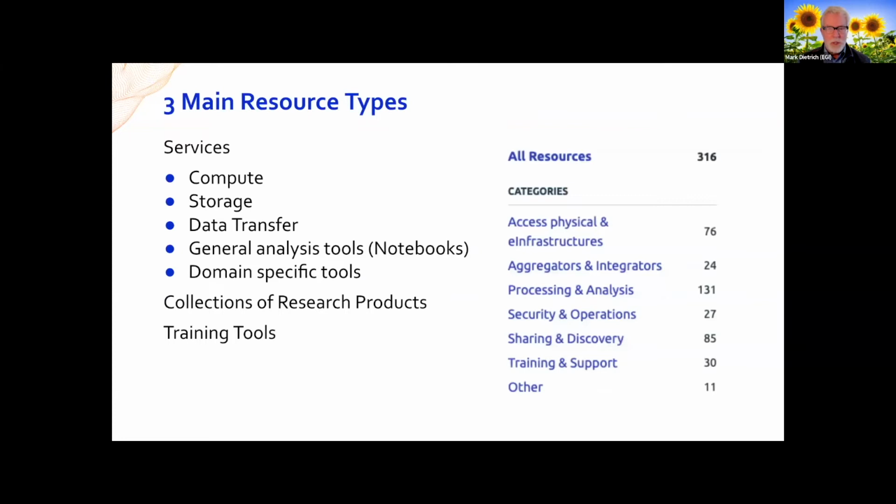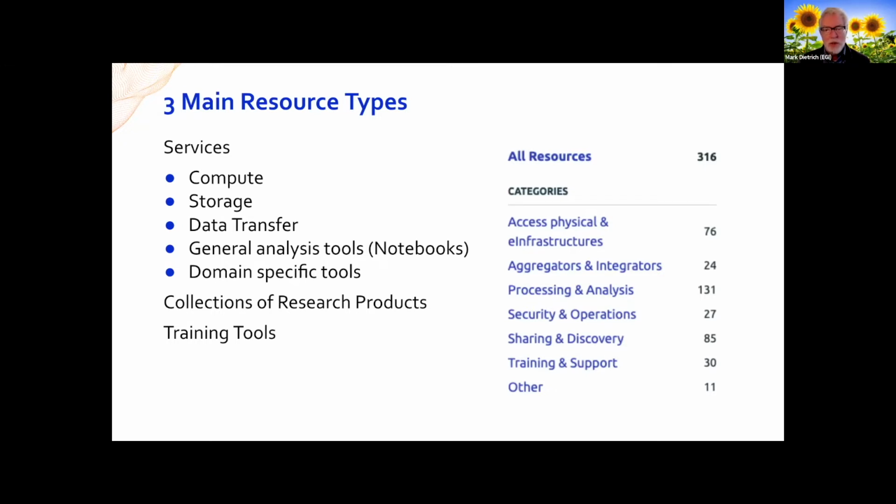What kind of resource types are there? There'll be a longer conversation about this later, but there are services of a wide range of kinds: computational resources, storage resources, data transfer capabilities, general analysis tools that could be used in many different domains, as well as domain-specific tools, so things that are just about computational chemistry or bioinformatics or analyzing humanities corpus literature, etc. So there may be things that are very specific.